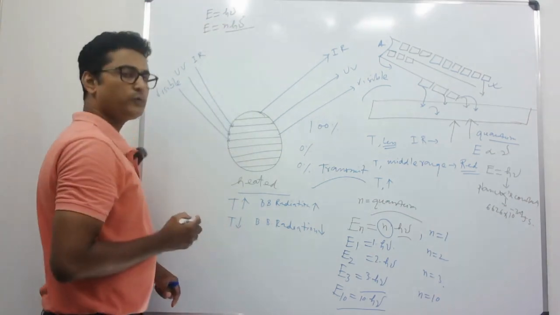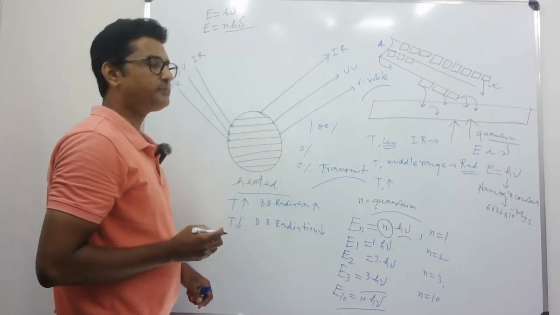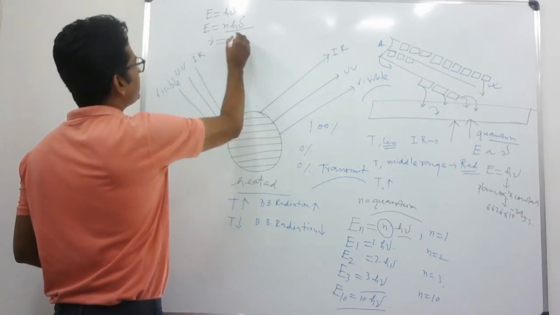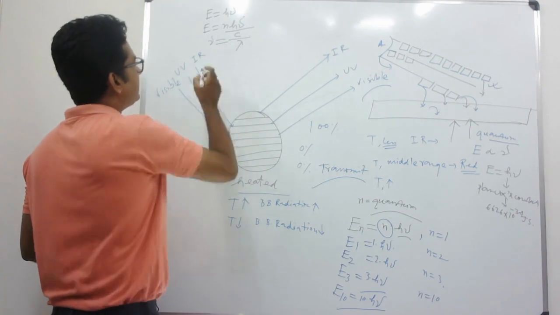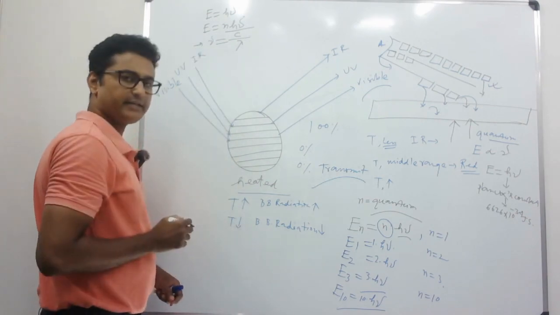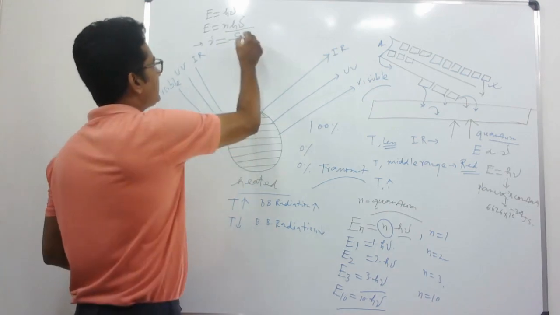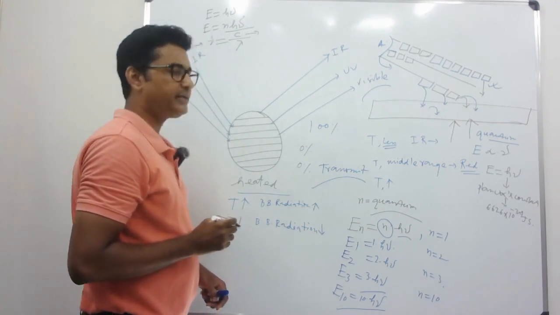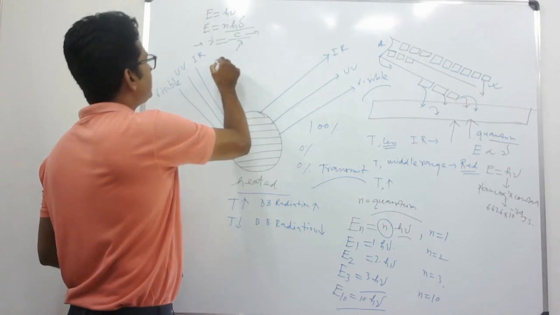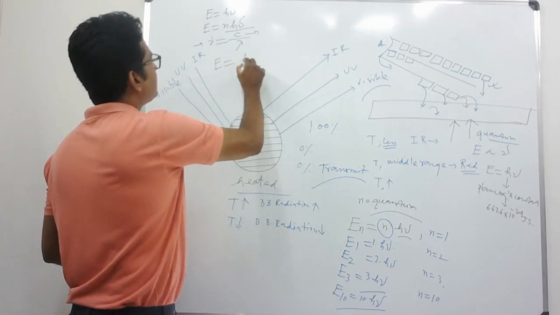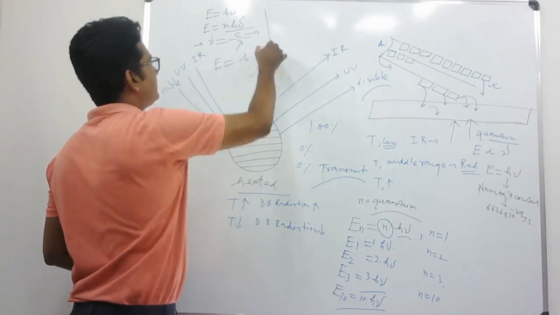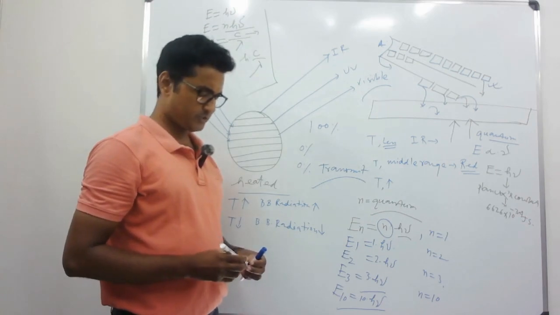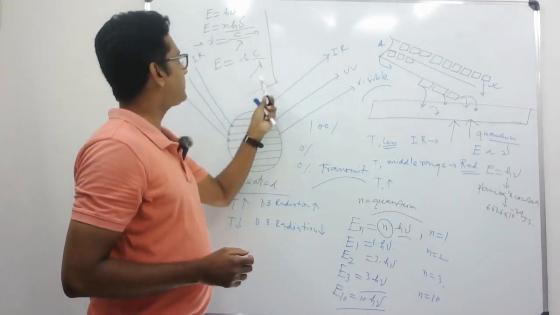From this equation, we can calculate the energy of the whole of the radiation, and nu is equal to c by lambda. Nu means frequency of the radiation or the energy. C means velocity of light, and lambda means wavelength of radiation. And energy E is equal to h into c by lambda. These four equations are very important. You should remember these four equations.